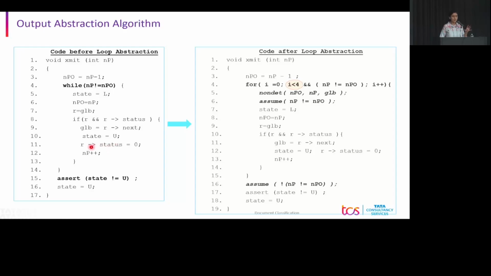Because these pure output variables are something we have decided not to havoc. We are havocing only the IO variables, so they are getting abstracted anyway. These are not. So we want to ensure that in every iteration of the abstraction, some pure output, which is never read in the loop, is allowed to be abstracted.